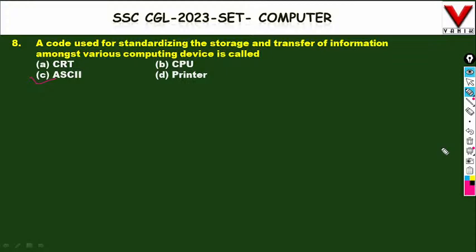ASCII 8 means an 8-bit coding system, 2 to the power 8, that is 0 to 255. There is also EBCDIC, extended binary coded decimal interchange code. So the answer is: a code used for standardizing the storage and transfer of information among various computing devices is called ASCII.